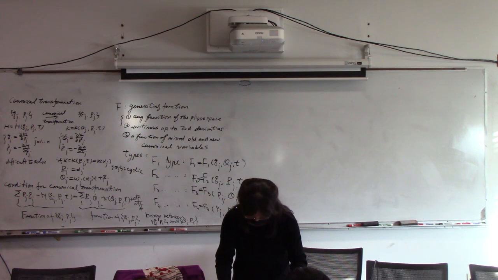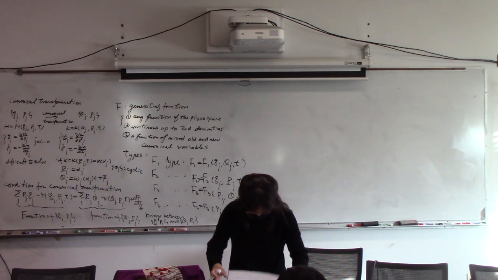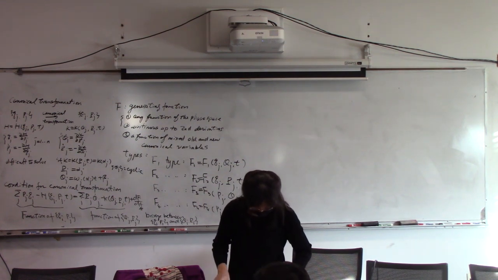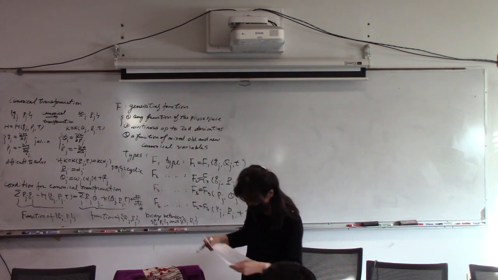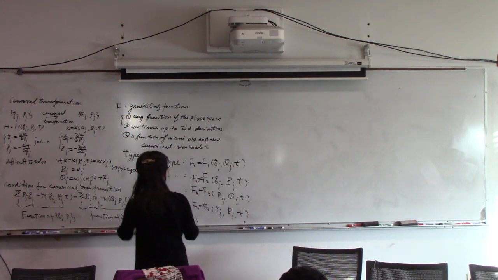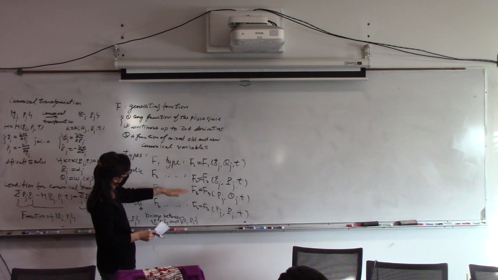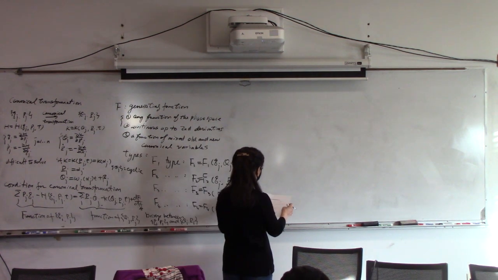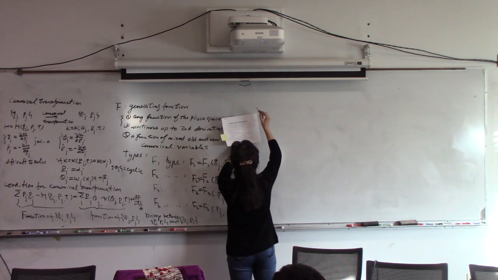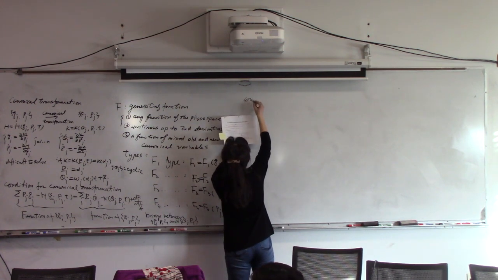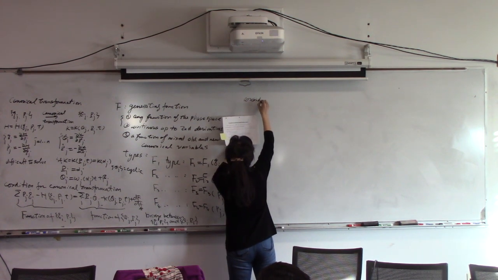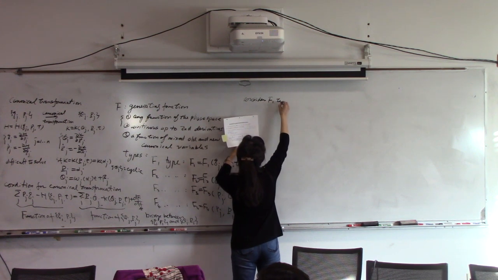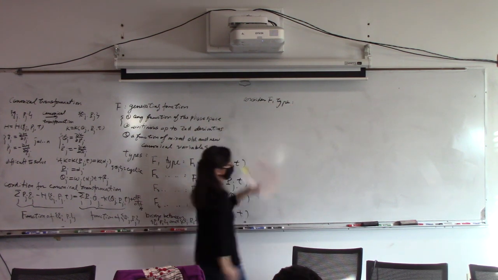Let's first consider F1 and spend time discussing F1 in detail. Then F2, F3, F4 are very similar, but with a different form of equation. So now let's consider the F1 type.